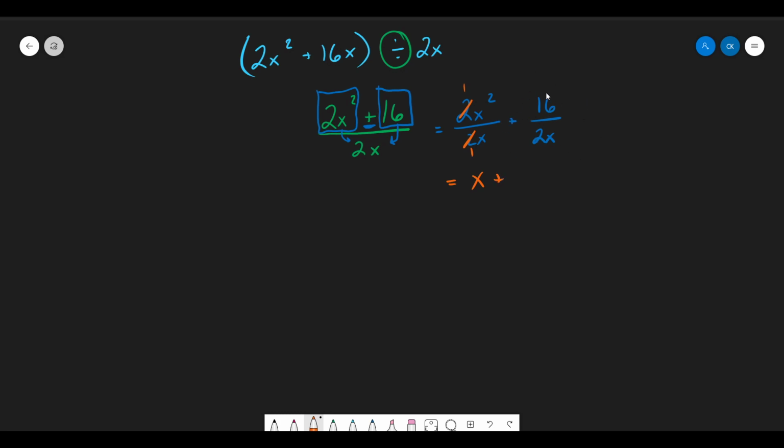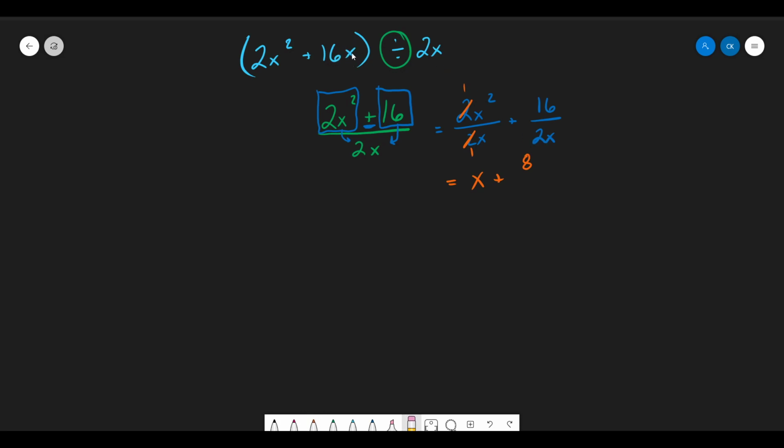Then I do the same thing for the second fraction. I work with the coefficients, 16 over 2. That's going to simplify down to 8. Now I don't have an x on top, but I have an x on bottom. So the x is just going to stay in the denominator. Oh, I'm sorry, I didn't even realize this is a 16x up here.